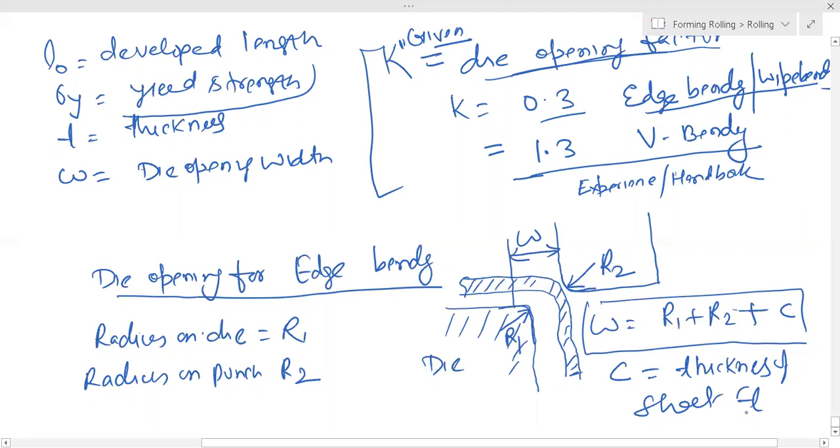That is your T. So W for the edge bending or Y bending is this radius, and then this radius, and then this thickness. Is it clear now, Ramachandra ji?